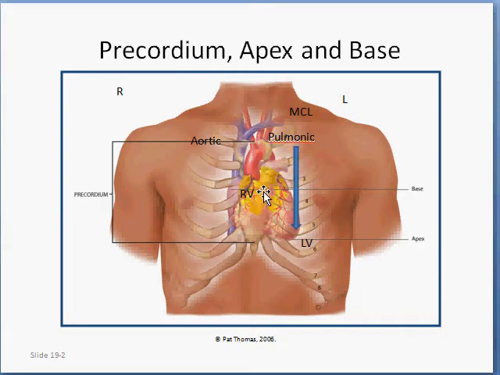Moving down the heart, you'd hear the right ventricle or the tricuspid valve opening and closing most distinctly. Then moving down to the left side of the body, the left ventricle or the mitral valve would be heard most distinctly here in the fifth intercostal space. This is otherwise known as the point of maximal impulse, or PMI, or the apex of the heart.